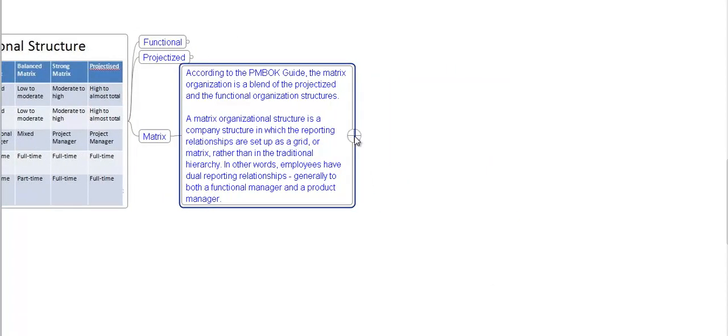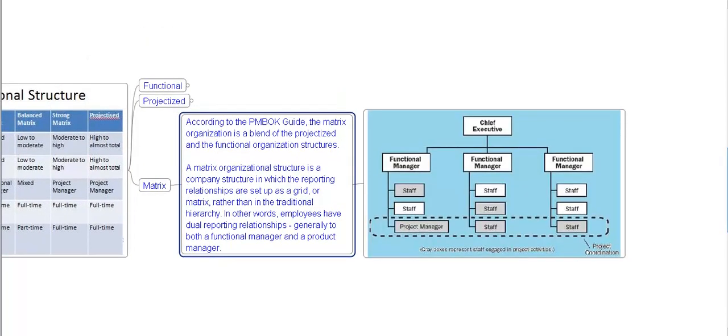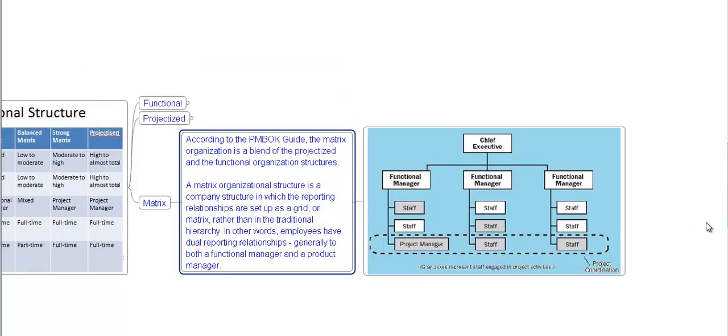This organizational structure shows a matrix organization. See, there is a project manager, and staff are working under him from different functional managers.